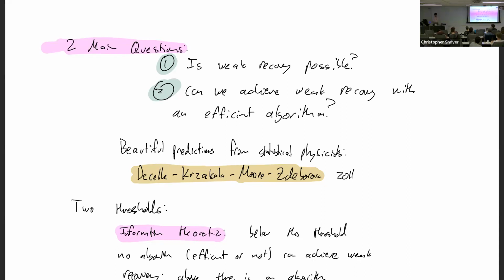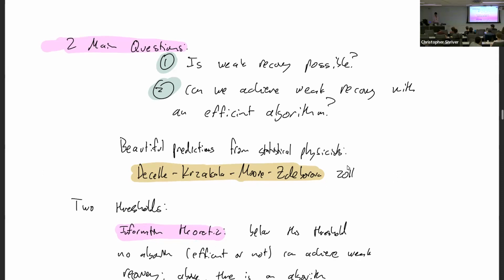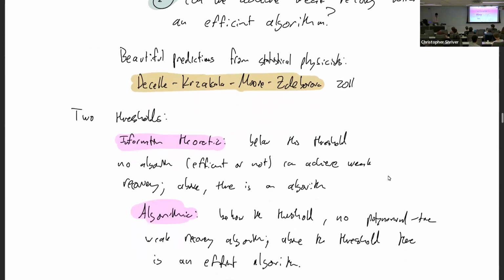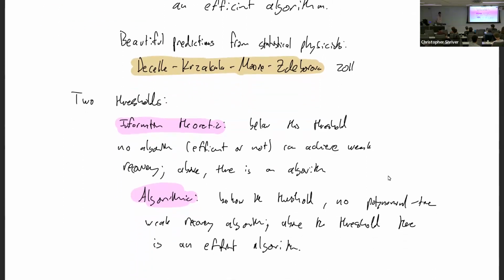And again, there are beautiful predictions from statistical physicists. And this is Decelle, Krzakala, Moore, and Zdeborová from 2011. This paper really kicked off a ton of work in mathematics and computer science on this problem because the predictions were so nice. What they predicted was that there are actually two thresholds, and sharp thresholds.